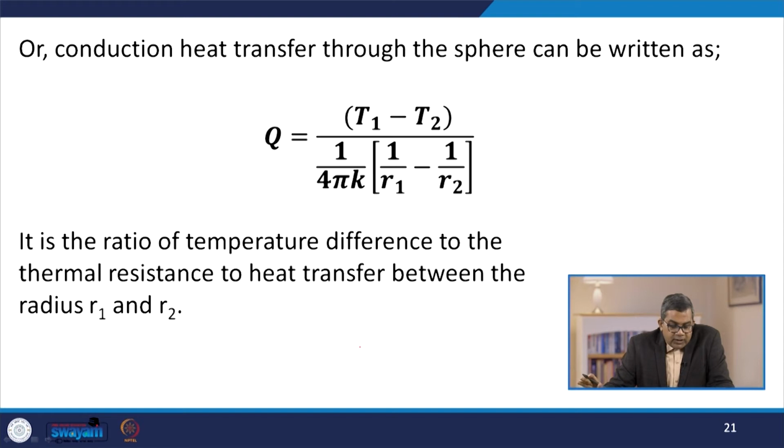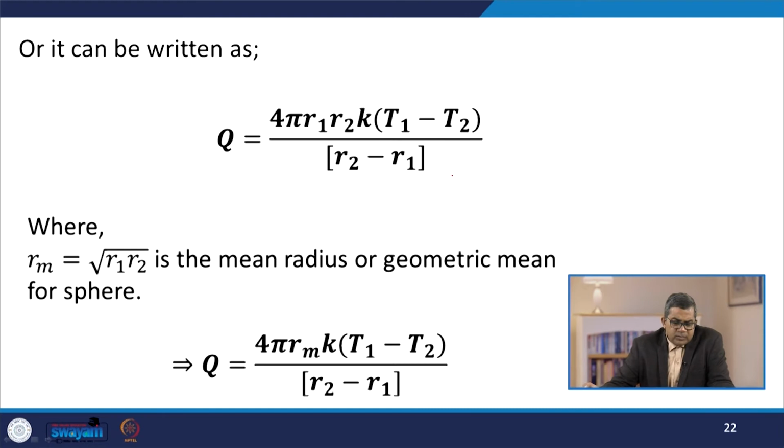Or conduction heat transfer through a sphere can be written as Q is equal to T1 minus T2 over 1 upon 4 pi K into 1 upon R1 minus 1 upon R2. Now it is the ratio of temperature difference to the thermal resistance to heat transfer between the radius R1 and R2. Or you can write as Q is equal to 4 pi R1 R2 K into T1 minus T2 upon R2 minus R1.